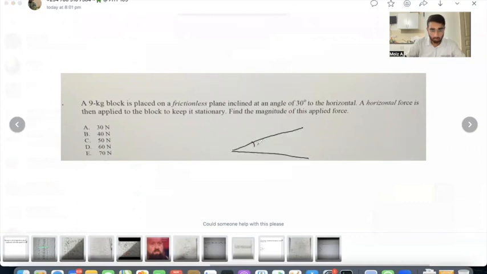Okay, so it's like this, 30 degrees, and this has no friction, and this is 9 kg. So 90 newtons is going downwards, and then we've got this. They're saying we need to keep it stationary via a horizontal force, not along the plane, a horizontal force, all right? We know that the component of weight going downwards is 90 sine 30, right?